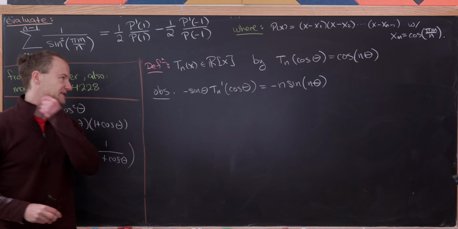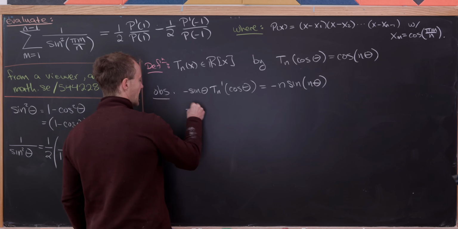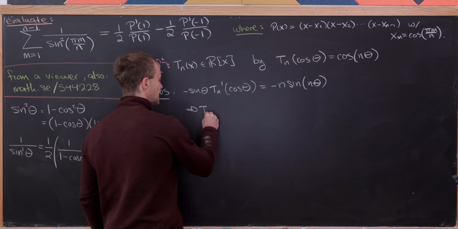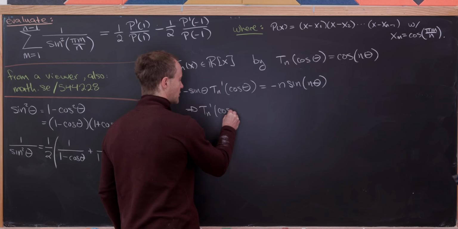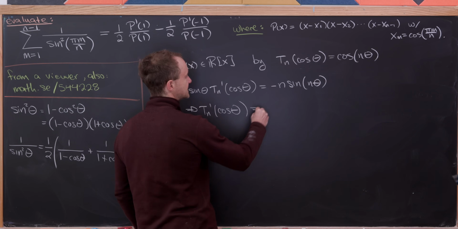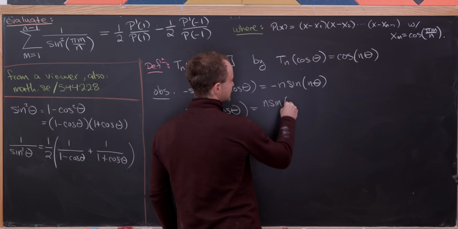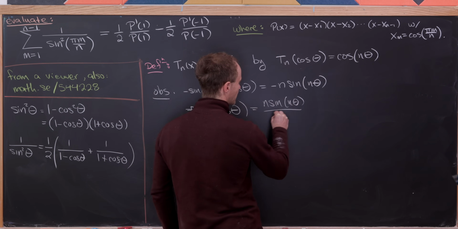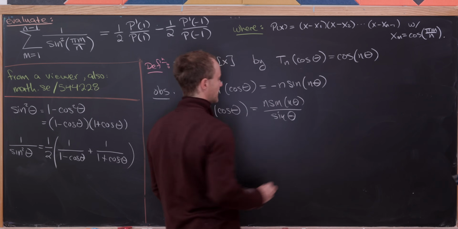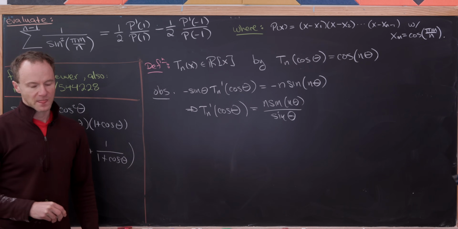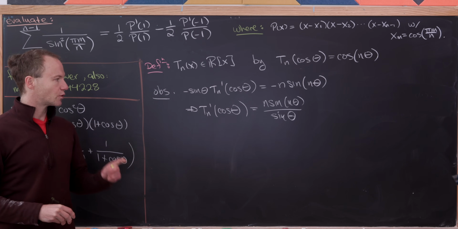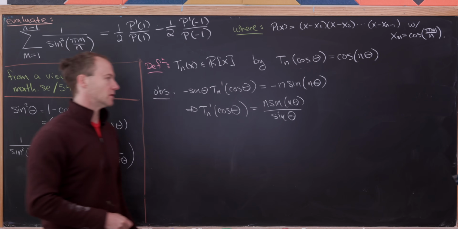Again, that's just by taking the derivative. But now we see that T_n prime of cos theta is in fact equal to n times sine n theta over sine theta. Okay, great. And now the question is, where is that equal to 0?